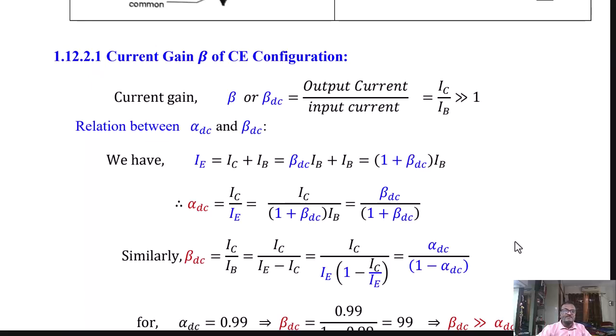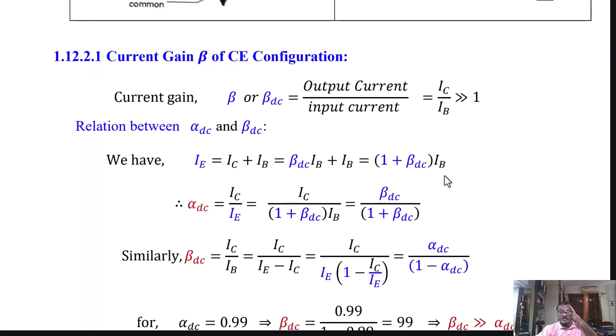Now let us estimate the relationship between alpha and beta. We have IE is equal to IC plus IB. But IC is equal to beta into IB from the above relationship of beta, which is a ratio of IC by IB. And therefore, we will substitute IC is equal to IB into beta. And therefore, from this, we take IB common.